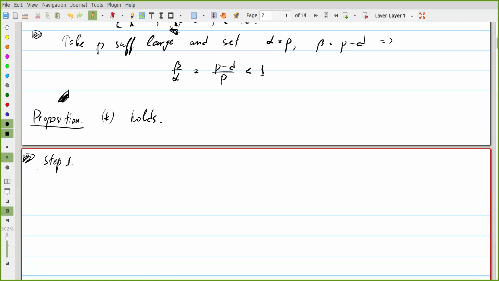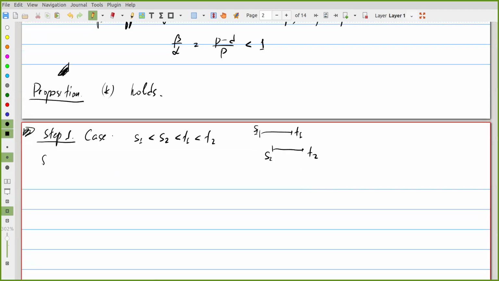Step 1 is going to be devoted to the case S1 less than S2 less than T1 less than T2. So S1, T1, S2, T2. This is the situation we have. And set delta S = S1 minus S2, delta T = T1 minus T2, and delta X = X1 minus X2.